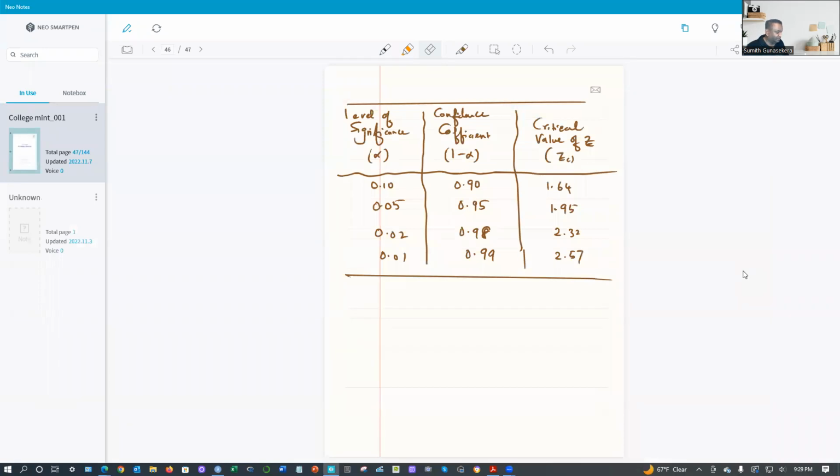Before that, how are you going to construct the confidence interval? You can get this done in various ways: by simulation, by bootstrapping, or by the formula method.